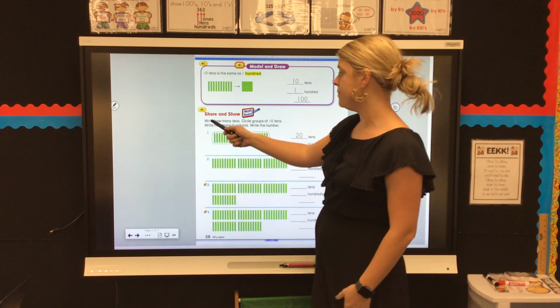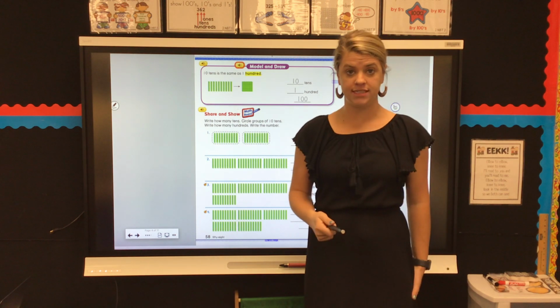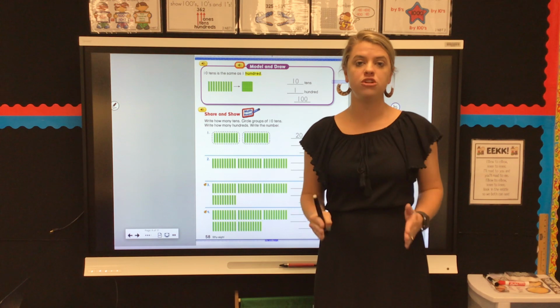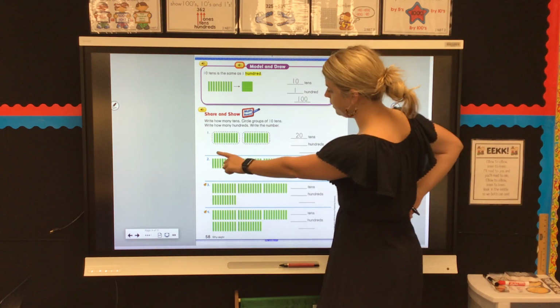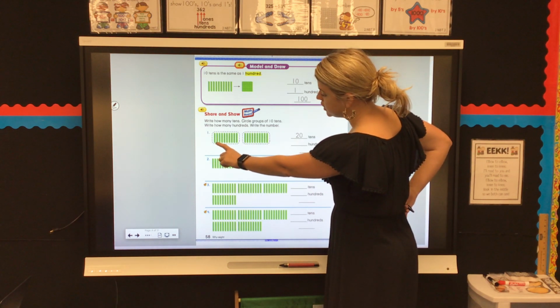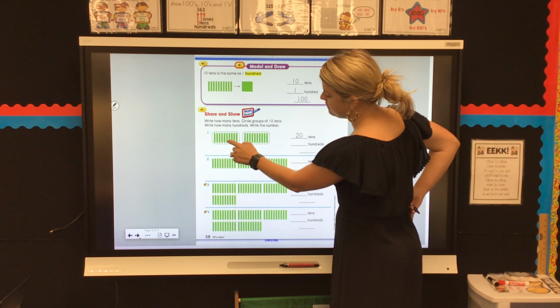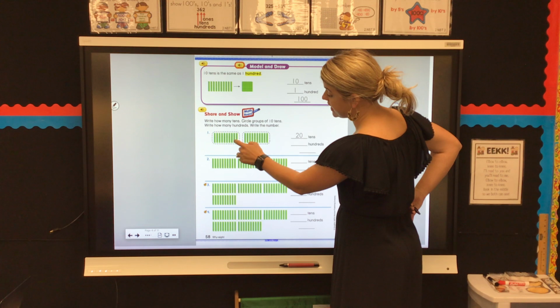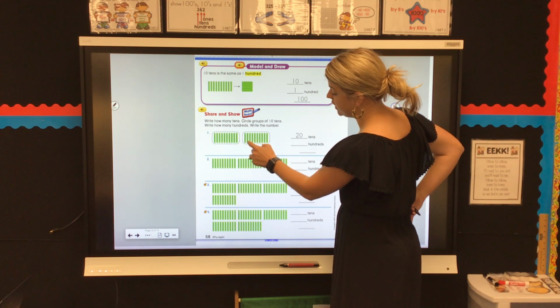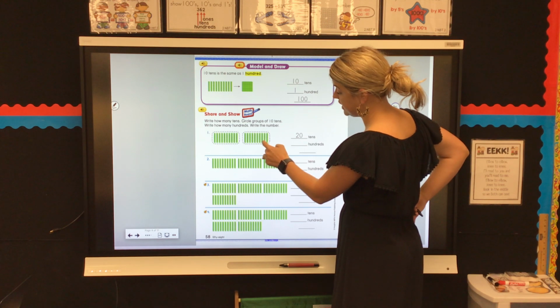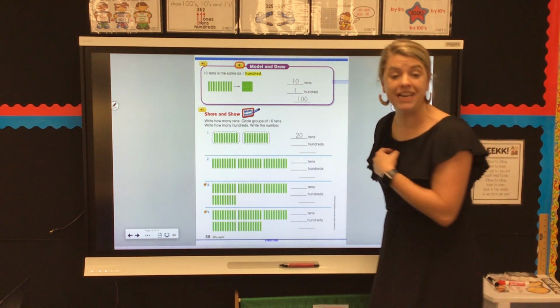So the first step says write how many 10 rods there are, okay? So every single time, the only thing we're going to do first is count the 10 rods. So here we go. 1, 2, 3, 4, 5, 6, 7, 8, 9, 10, 11, 12, 13, 14, 15, 16, 17, 18, 19, 20.